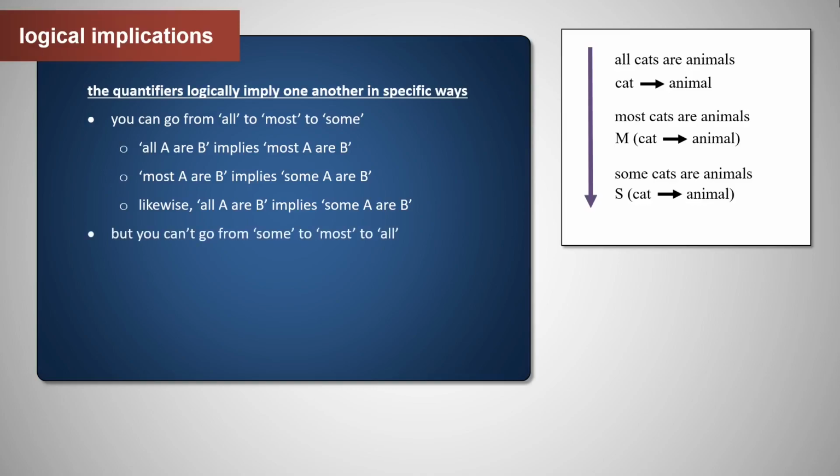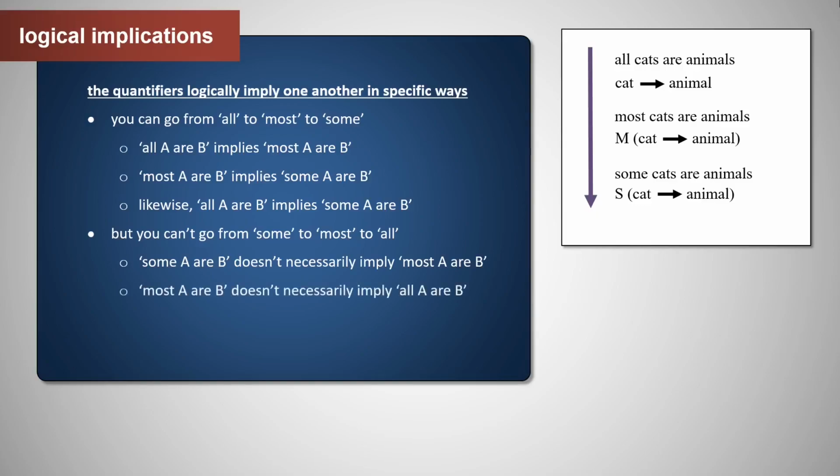But you can't go from some to most to all. And that makes sense, because some A are B does not necessarily imply that most A are B. Just because there's at least one cat, potentially all, that are animals, that does not mean that more than half of the cats, potentially all, are animals. You don't know. There could be a situation in which at least one does not necessarily lead to more than half. And likewise, most does not necessarily imply all.